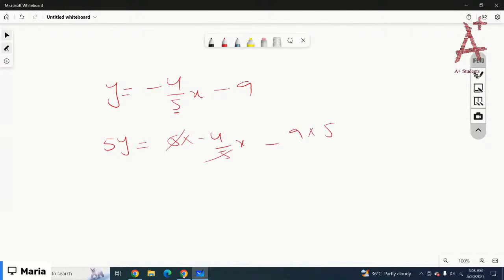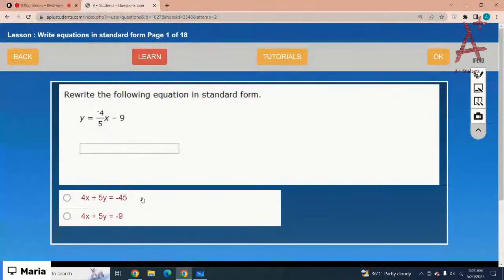So 5 and 5 cancel out. You are left with 5y equals negative 4x minus 45. Move negative 4x to the other side, it will be 4x plus 5y equals negative 45. So option number 1 is the correct option.